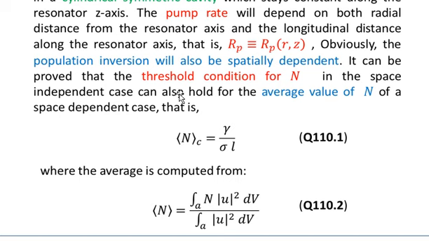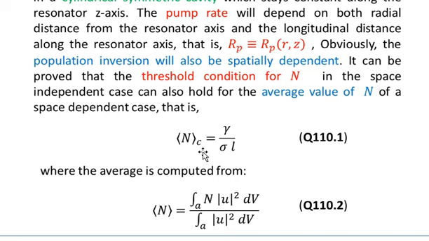So if we want to use the same formula that we derived for the space independent case, space independent pumping, here we require to take the average value of n. Then the previous formula can be used for the space dependent case if the average is considered, which is shown in equation number 1.